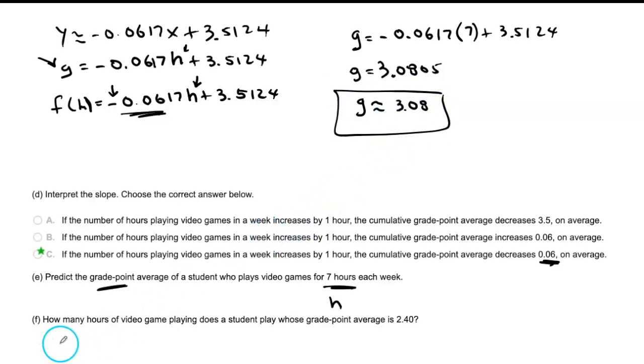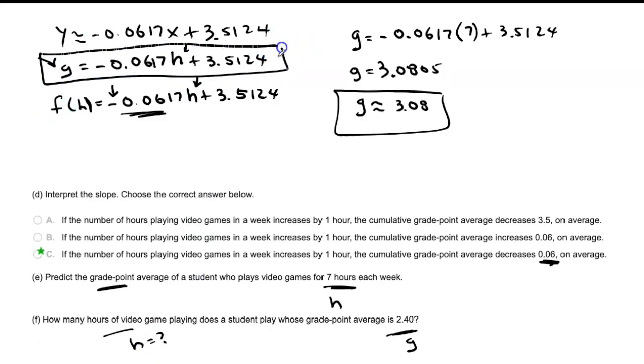Okay. The last question: how many hours of video game playing does a student play whose GPA is 2.4? The other way. Now they're giving you the GPA, and they're asking you for how many hours. So what you do is the other way. If this is your function, you're going to plug the G here.